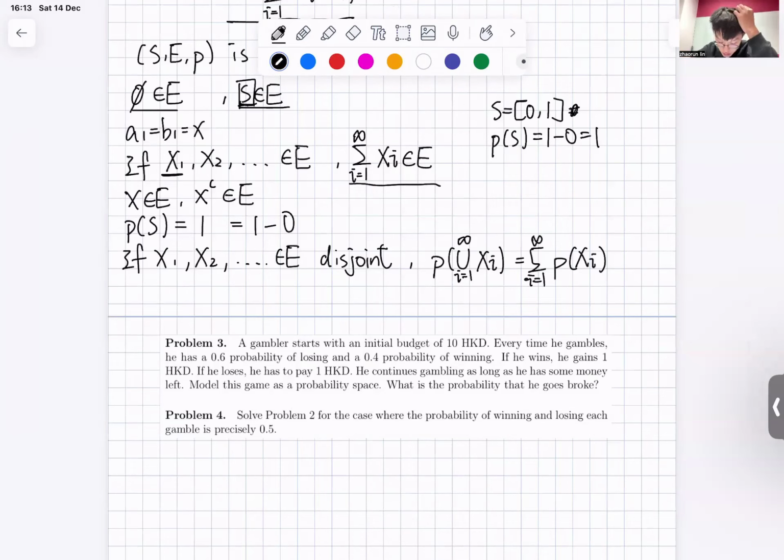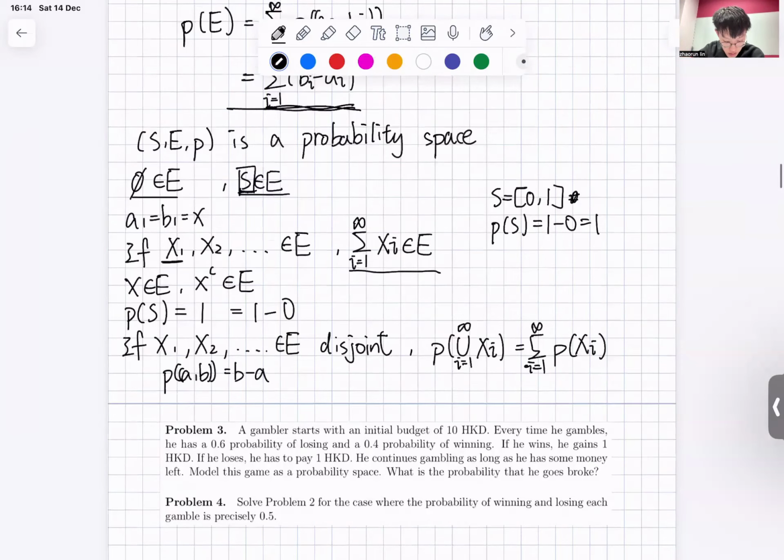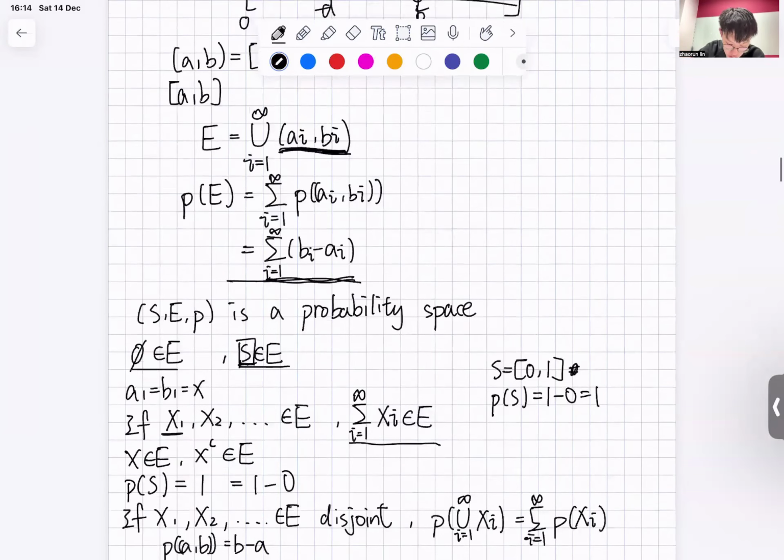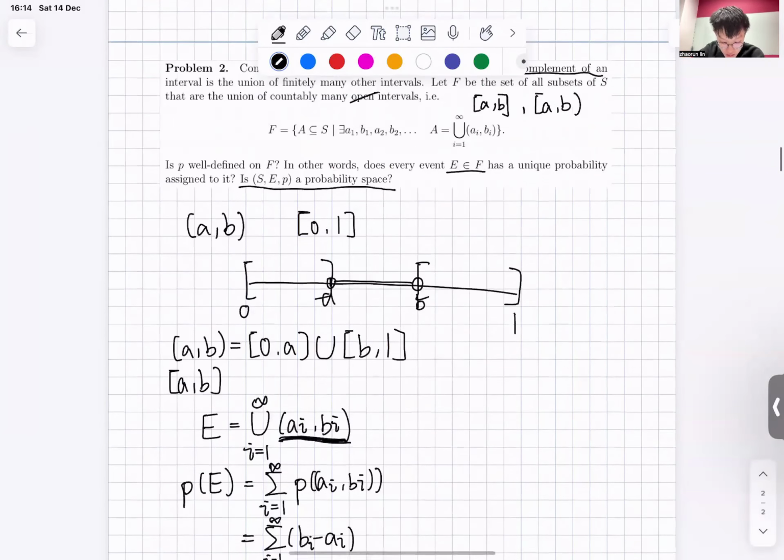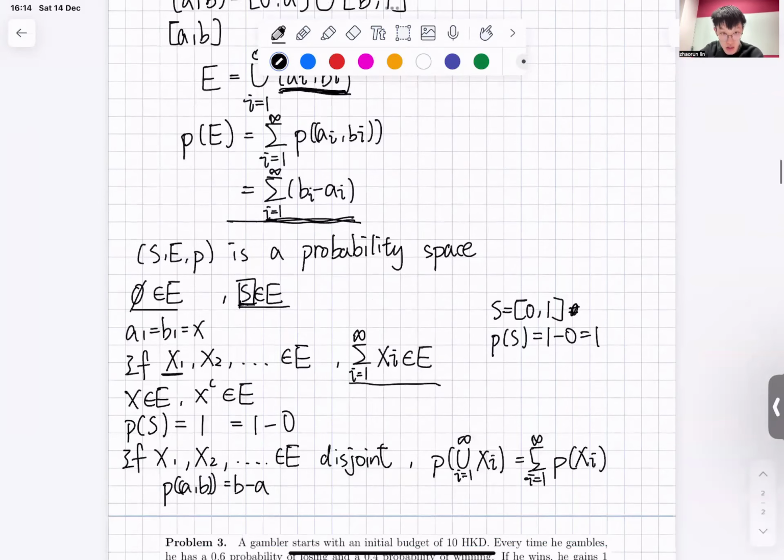And this is also true because the probability of each interval is bi minus ai, and by the definition, each interval ai, bi are disjoint.